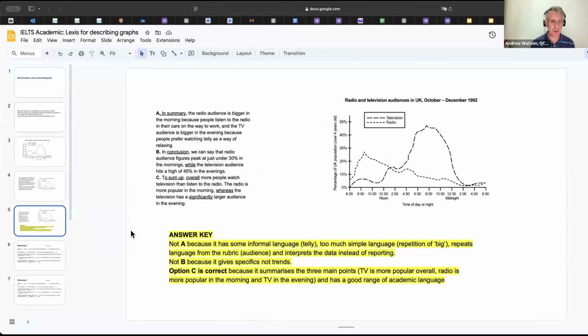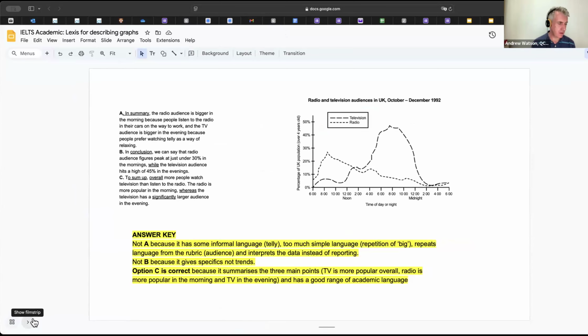Focusing on option C. Which words or phrases in option C could be used in any summary?